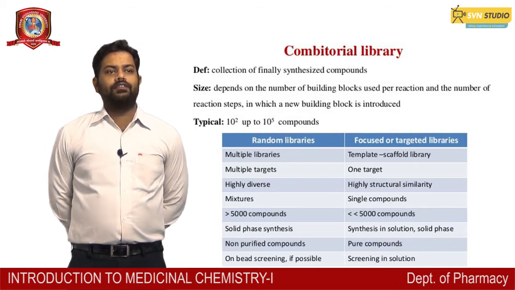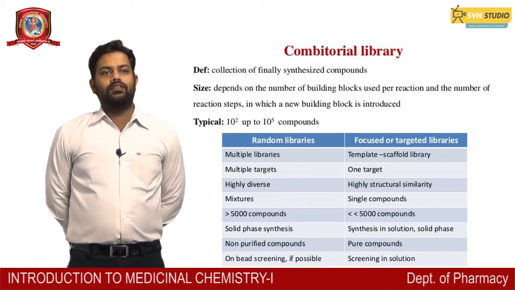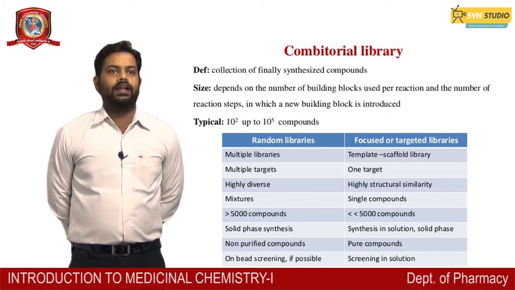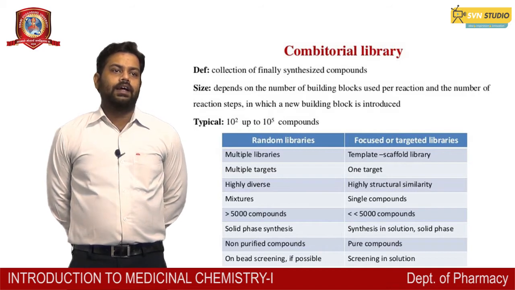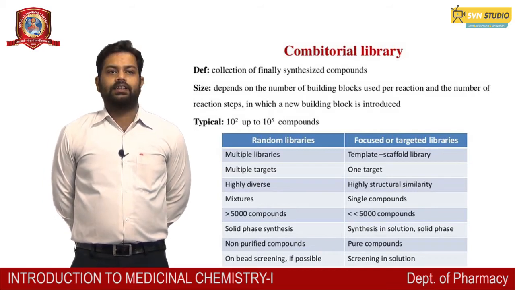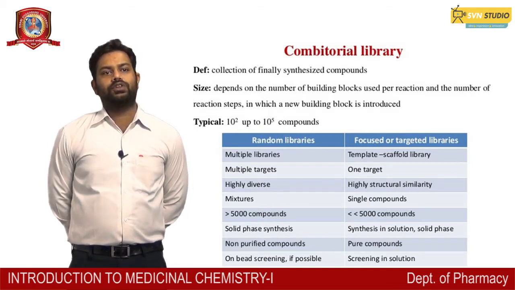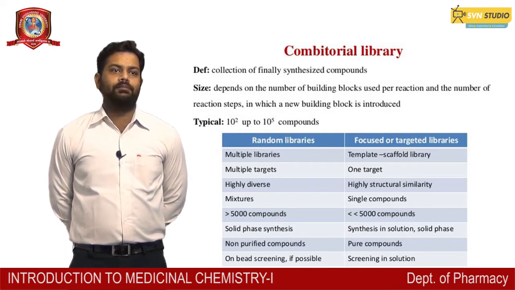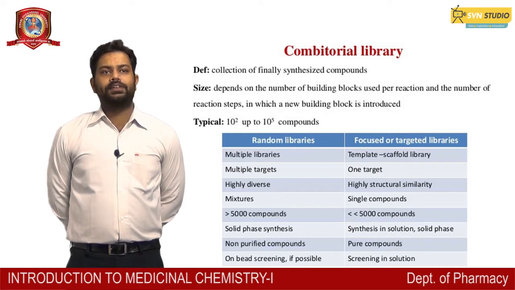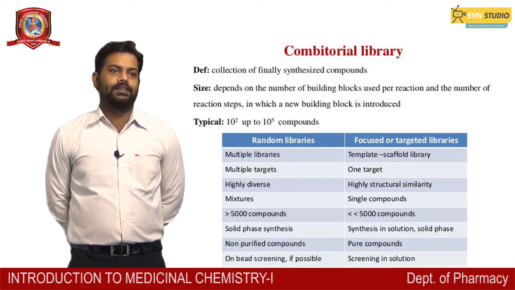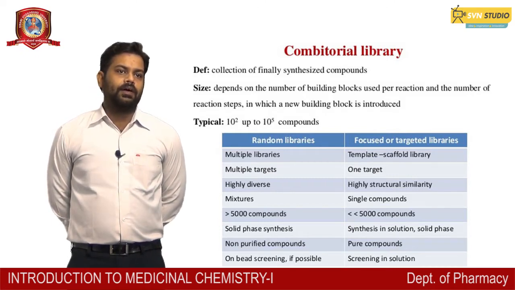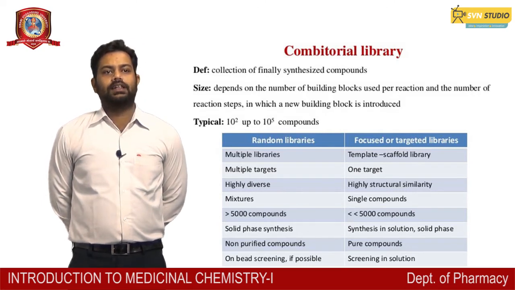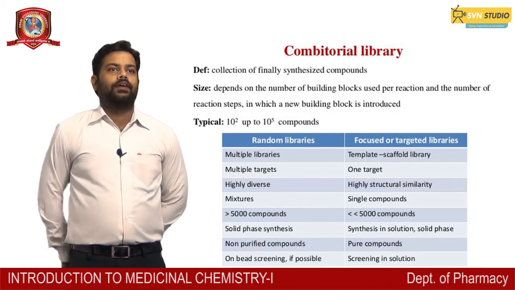Less than 5,000 compounds in random libraries, greater than 5,000 compounds in focused or targeted libraries. Synthesis is in solution and solid phase. Non-purified compounds are found in random libraries and pure compounds are found in focused libraries. On bead screening, if possible, screening is in solution.